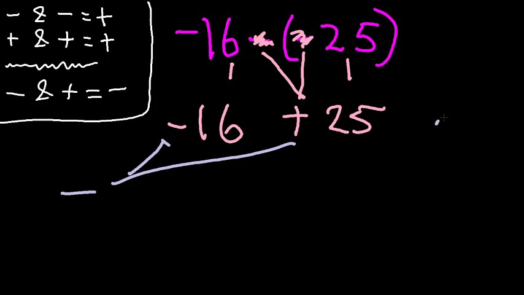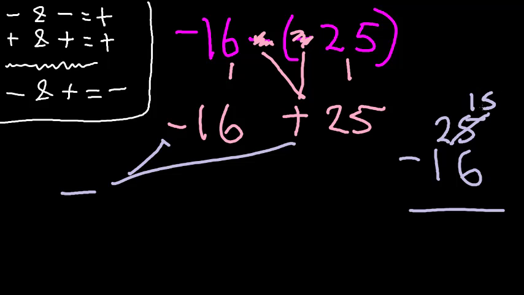So 25 minus 16, subtracting how we would do normally. So 15, this becomes 1, and we get 9. So our answer is going to be 9.